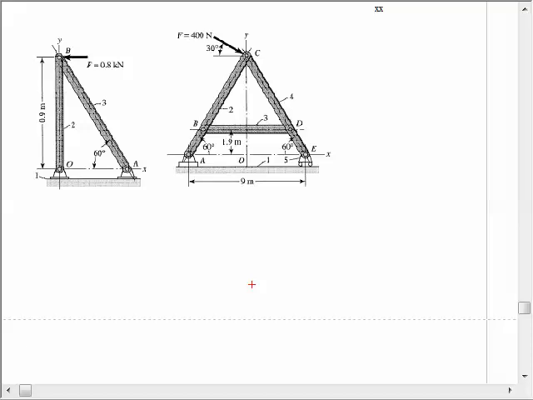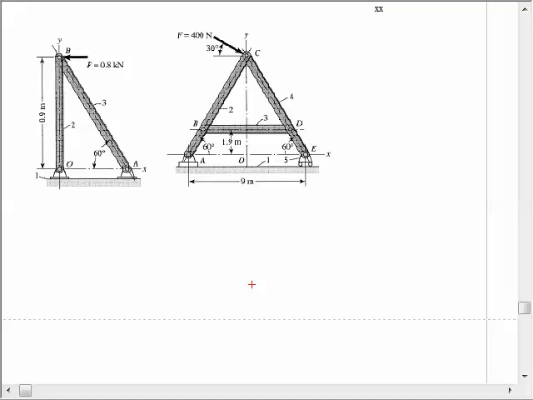First of all, let's do a little bit of quick counting. I've got two bodies in this problem. For each of these bodies in a planar situation, which it is, I can write three equations of statics. Sum of forces in the x equals 0, sum of forces in the y direction on the body equals 0, and sum of moments about any point I like is equal to 0.